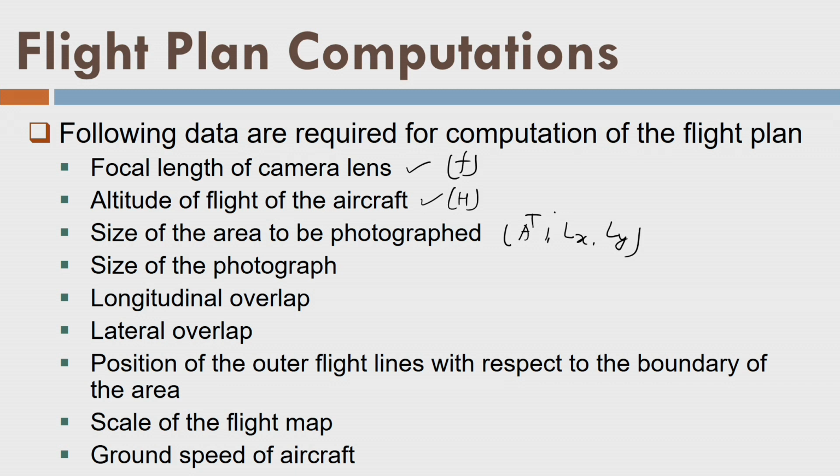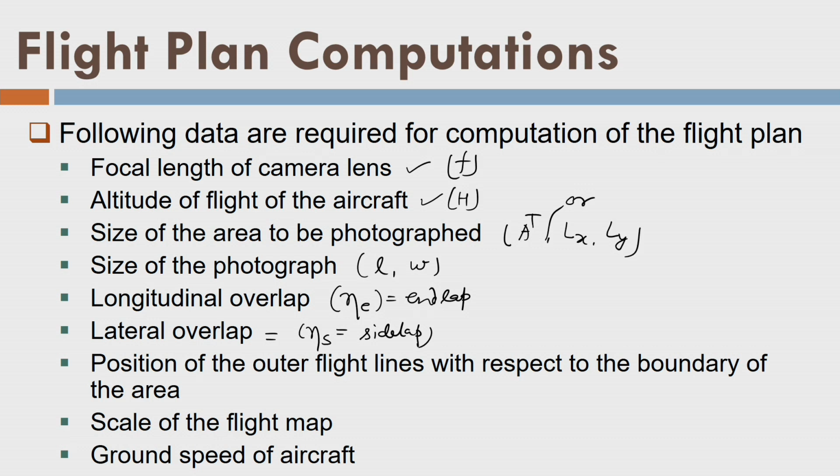I need the dimension of the area of interest. Size of the photograph, that means I need length as well as width of photograph. Longitudinal overlap, that is my end lap. Lateral overlap, the side lap. And position of the outer flight lines with respect to the boundary of the area.